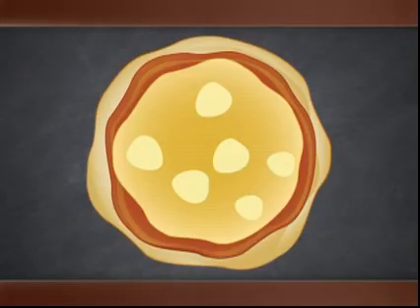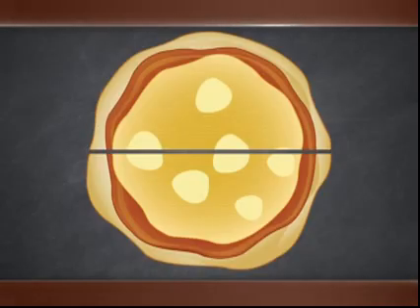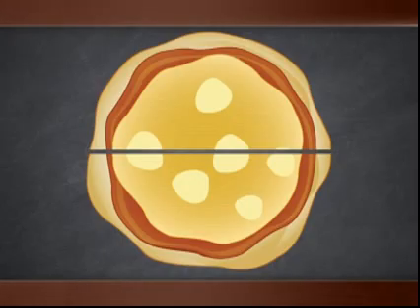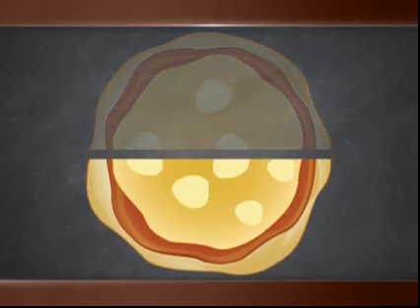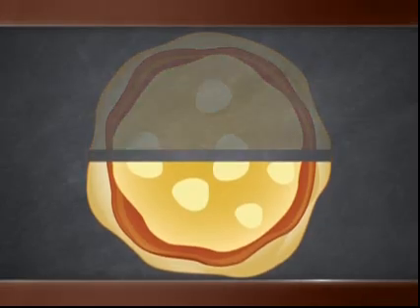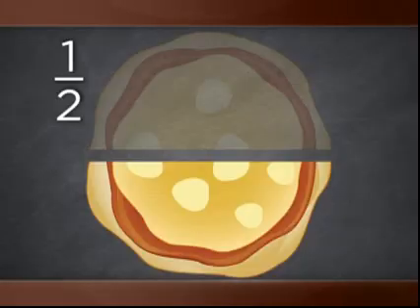So you actually just make one big cut right through the middle, leaving yourself 2 large slices, one on top and one on the bottom of the pizza. If you then take one of those 2 slices, then you'll have taken 1/2 of the pizza, right? 1/2 of the pizza is on top and 1/2 of the pizza is on the bottom.